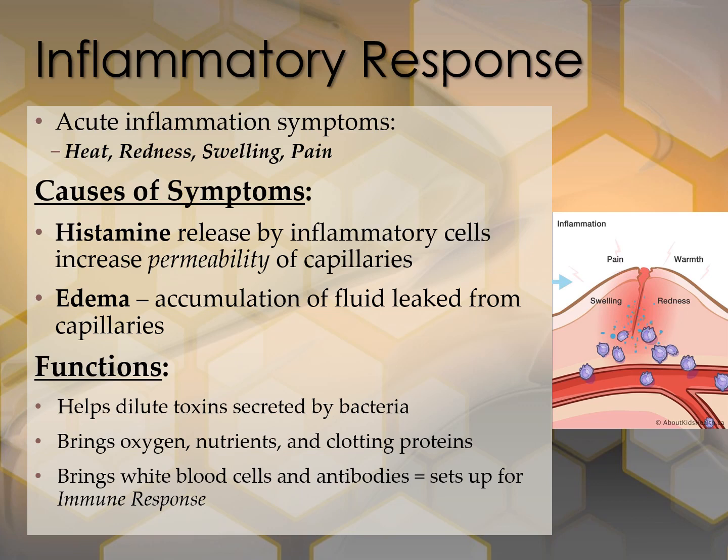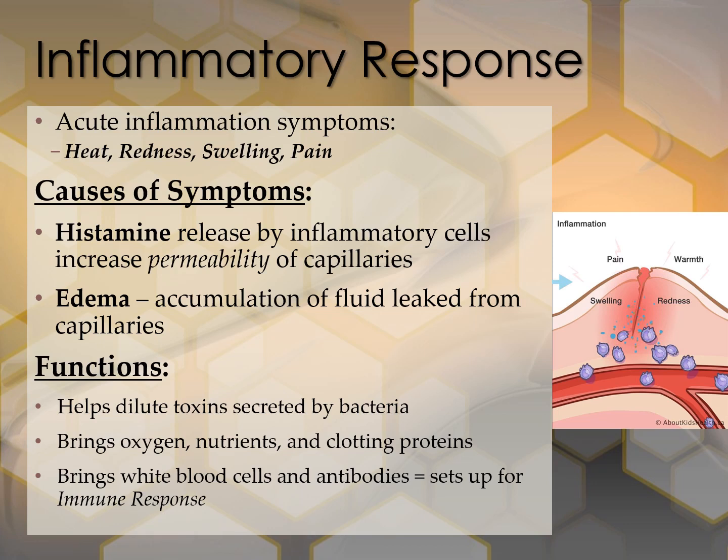So what is the function of this? Why do we do this? What's the point? Well, the fluid is going to help dilute any sort of toxin that might be secreted by any sort of microorganism, such as bacteria.